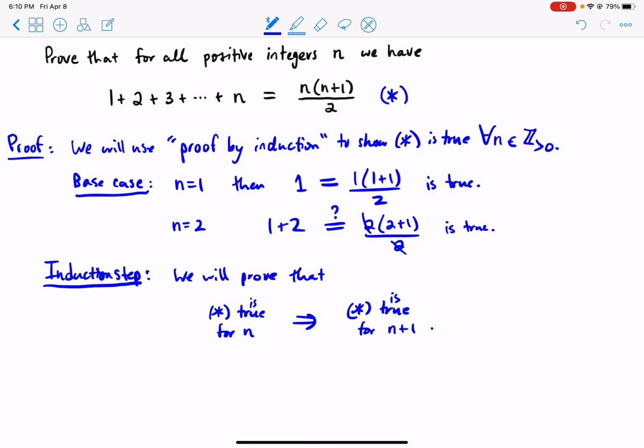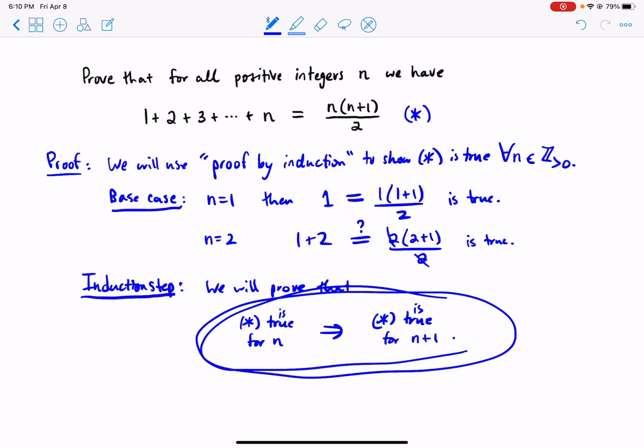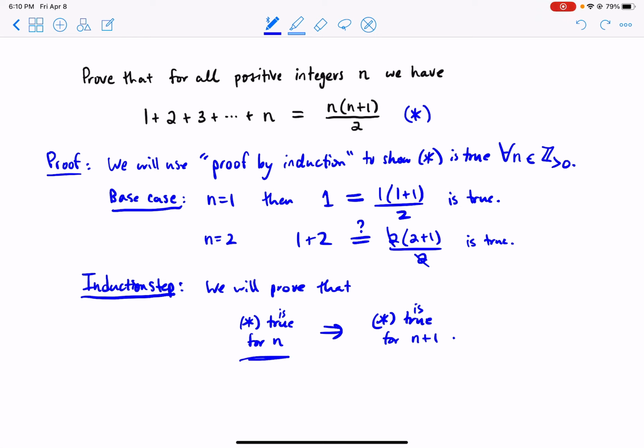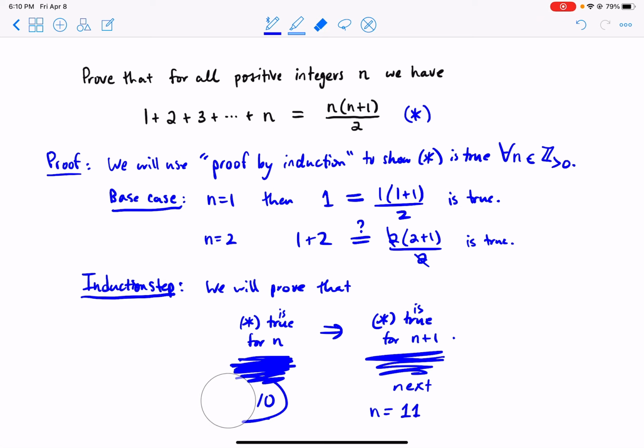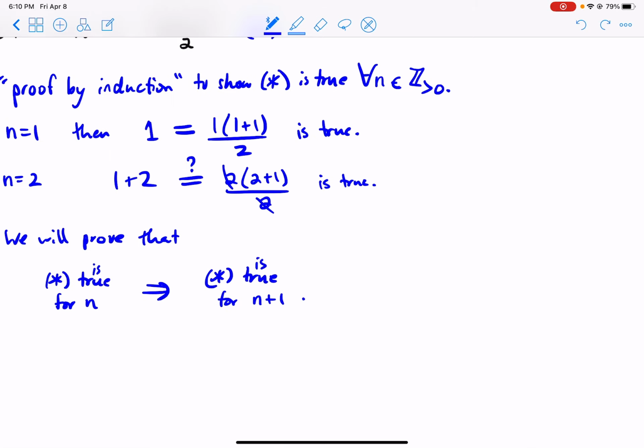Proof by induction means that if we can prove that having it at some step n, like n equals 10, will imply that it's true at the next step, n plus 1, like n equals 11. If we assume it's true for n and show that means it's true for the next one, then it's sort of like all the dominoes falling.